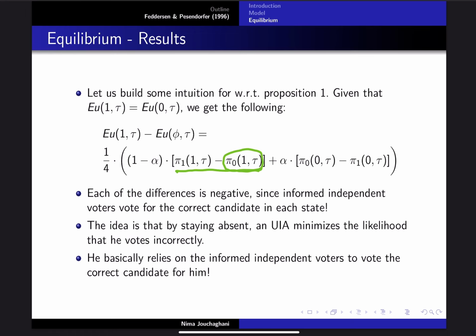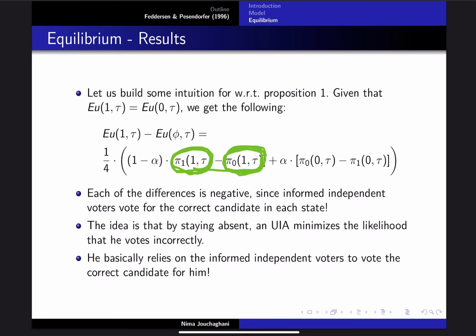The reason why this difference is negative is that because all informed independent voters vote for the correct candidate in each state, it is much more likely that you are pivotal in this situation here than in this situation.